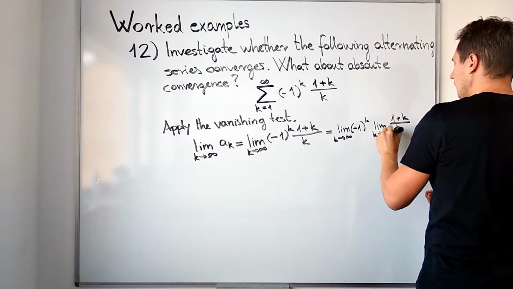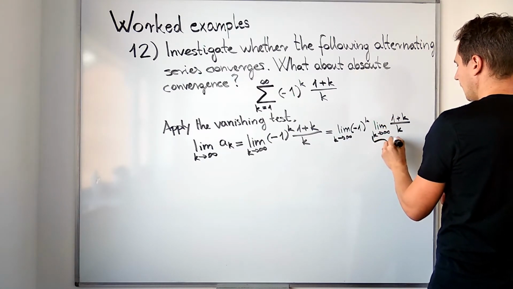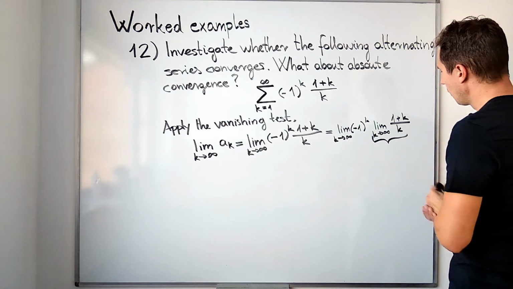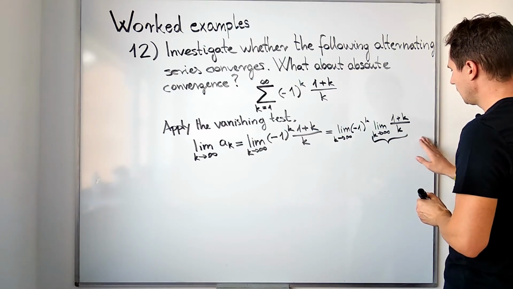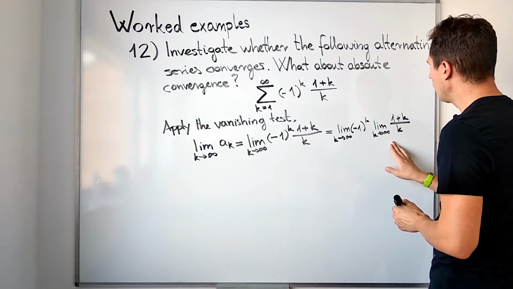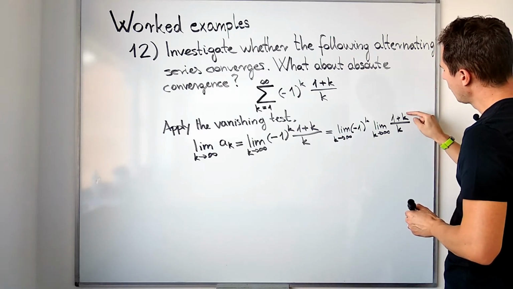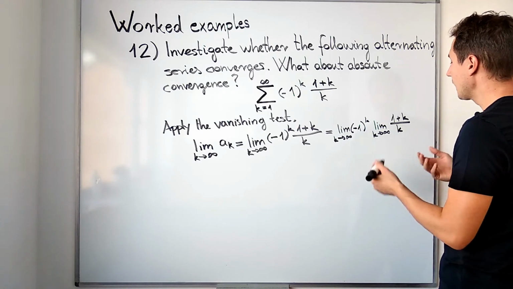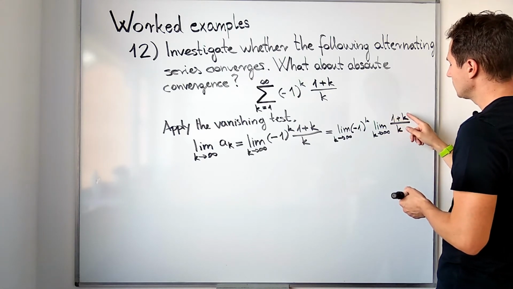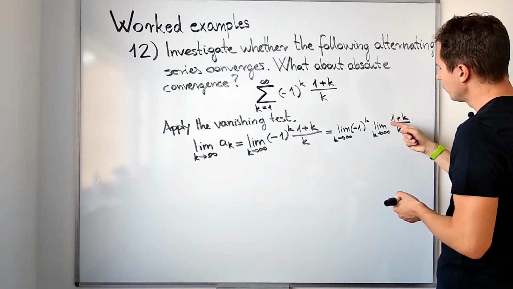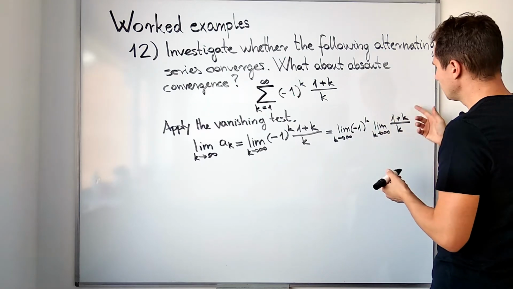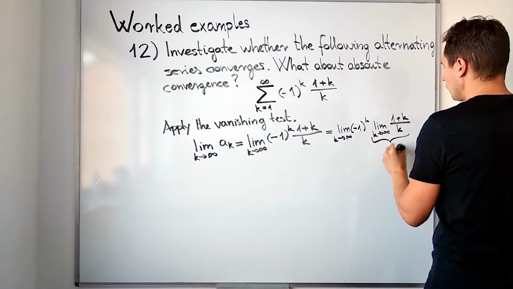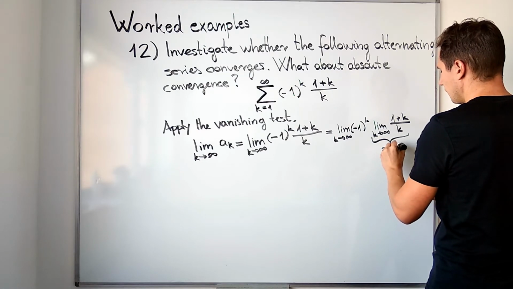Well, the second limit, hopefully you can quickly convince yourselves that it is equal to 1, because you can divide both the numerator and the denominator by k, and you will get 1/k + 1 divided by 1, and 1/k goes to 0, so you have 1 divided by 1, so this is equal to 1.